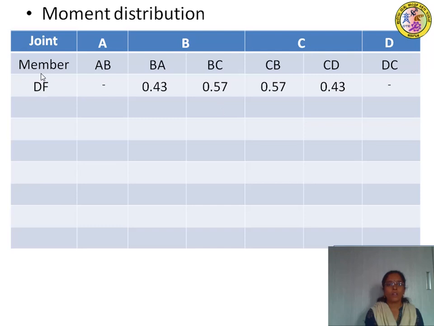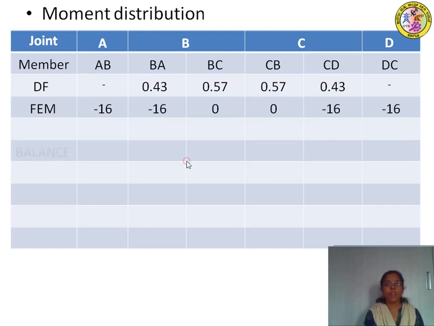Only now we have to take the fixed end moments that we calculated in the previous slide, that is for AB minus 16, BA minus 16, BC 0, CB 0, CD minus 16, and DC is also minus 16. So now we have to distribute and balance these moments.